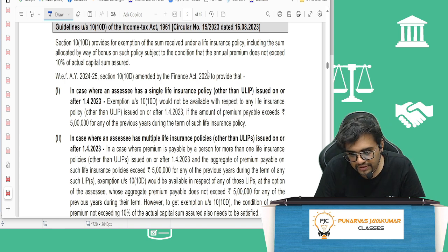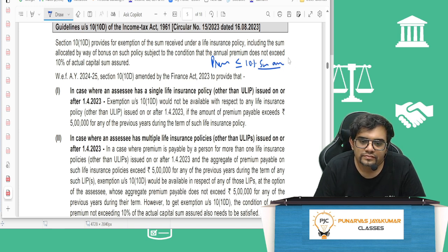So if your premium is less than or equal to 10% of the sum assured, then you will get an exemption under 10(10D). Whatever amount you receive from a life insurance policy, whatever you receive in the end as a maturity amount, fully it will be exempt in the hands of the taxpayer, provided your premium is less than or equal to 10% of the sum assured.